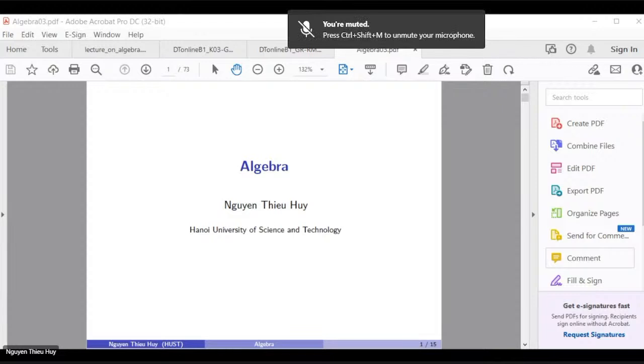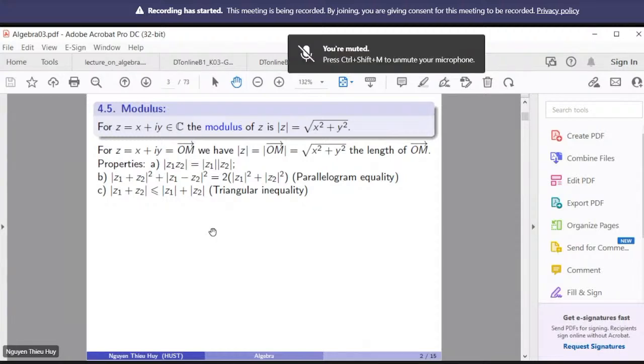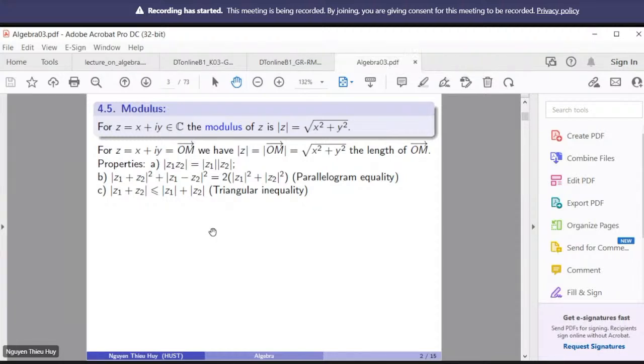And here you have, we already finished with modulus, right? These are three properties of modulus that we already had last week. And now we are going to another form of complex numbers.